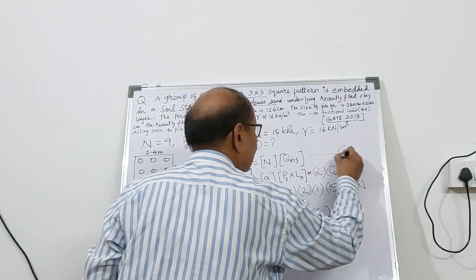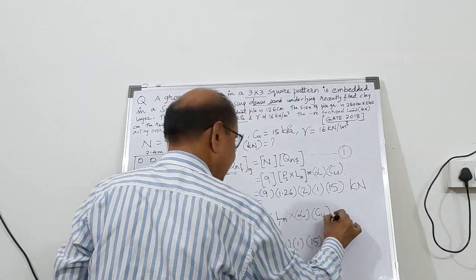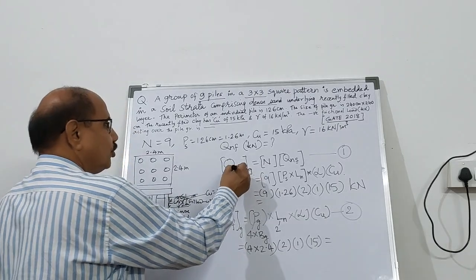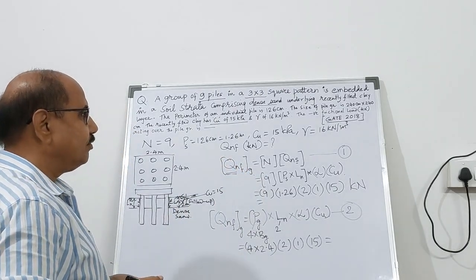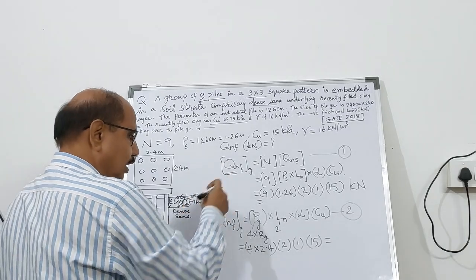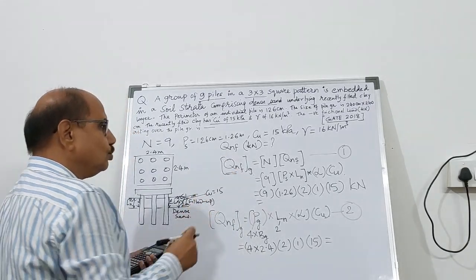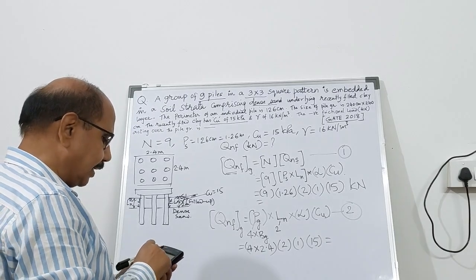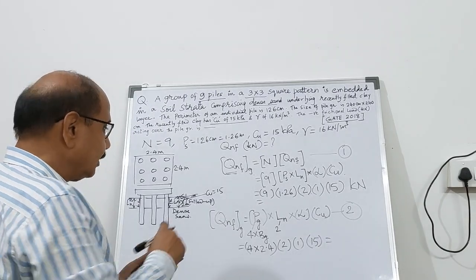So these two formulas you will be using to calculate the negative skin friction, the negative frictional load in kilonewton, and the greater of the two will be taken, the maximum value will be taken. So let's calculate it.